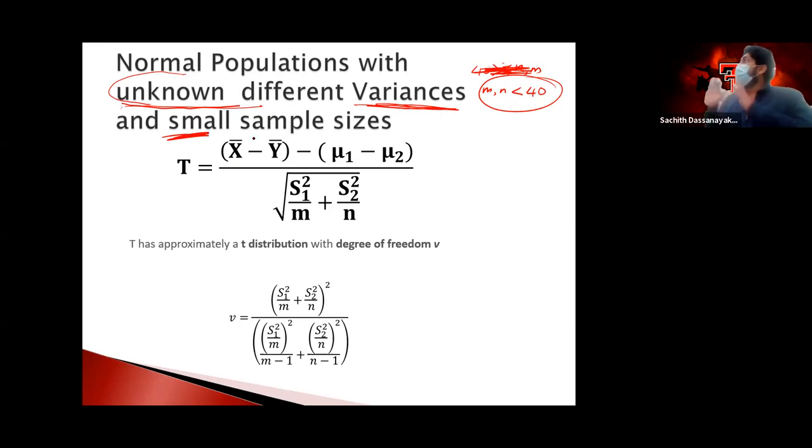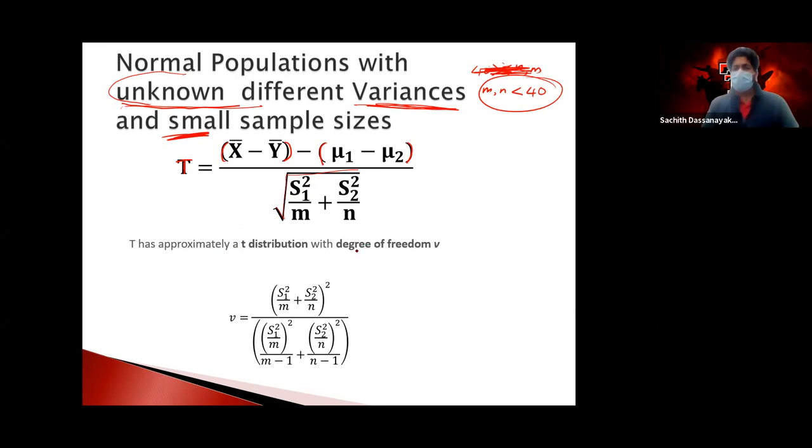So same thing, but you have to use the t approach, which means you have to use the t table. That's why your test statistic is t here. Same as the mean difference minus the population mean difference, divided by the square root of, here not sigma, it is s, the sample standard deviations.